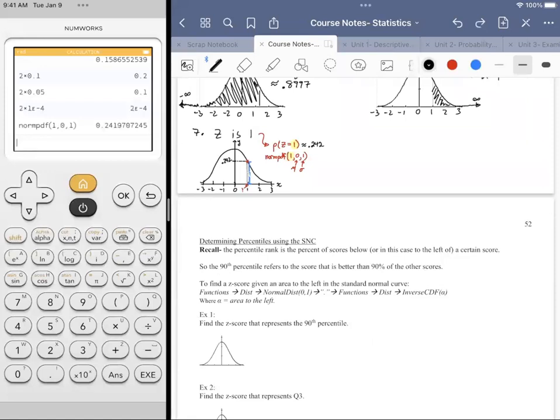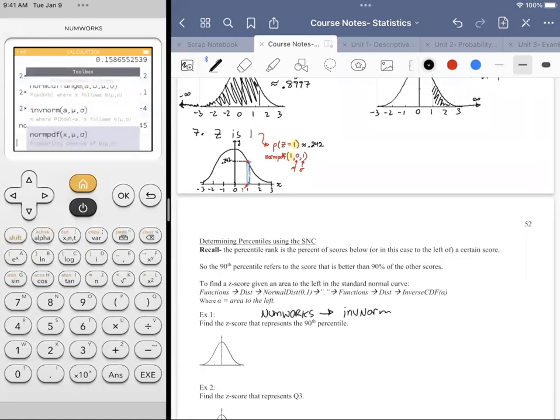But on NumWorks, it's the inv_norm function. So on NumWorks, it's lowercase, I believe. Inv_norm. It's in the same menu. It's right below the norm CDF range.